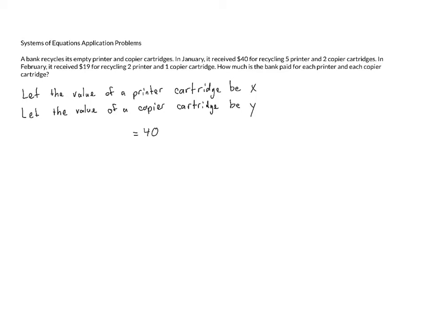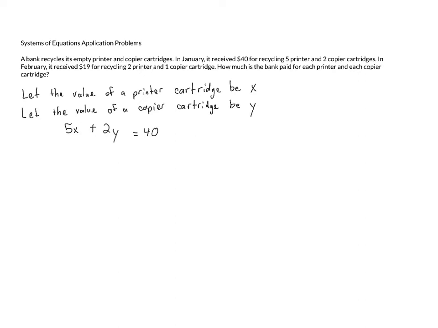The value of 5 printer cartridges is going to be 5 times x, because each printer cartridge was worth x dollars, and there's 5 of them, so that's going to be 5x, plus the money they earned for recycling the copier cartridges. Well, there's 2 copier cartridges, and each one is worth y dollars, so that's going to be 2y. So we've got 5x plus 2y equals 40.